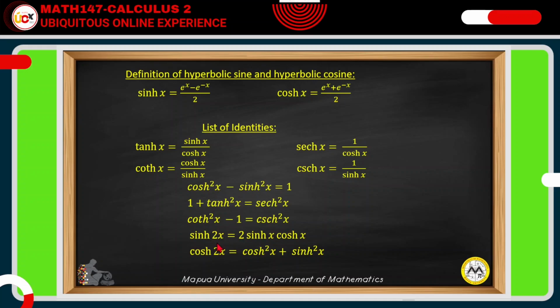And then for the double angle identities, the hyperbolic sine 2x equals 2 times the hyperbolic sine x times the hyperbolic cosine x. And last but not the least, the hyperbolic cosine 2x is equal to the hyperbolic cosine squared x plus the hyperbolic sine squared x.